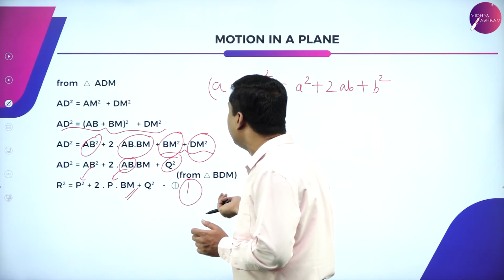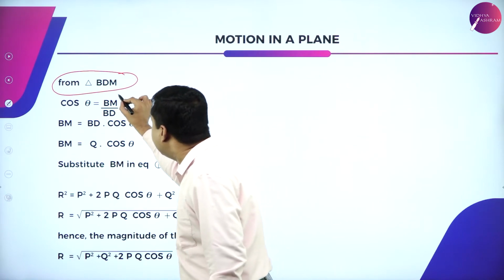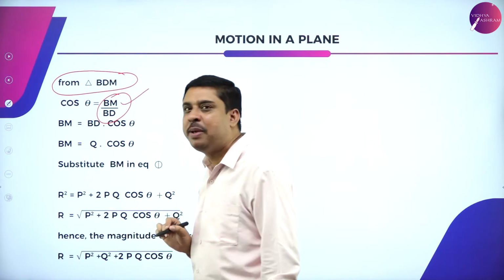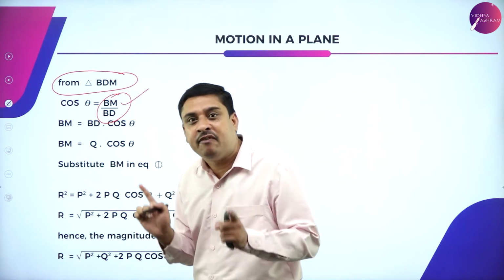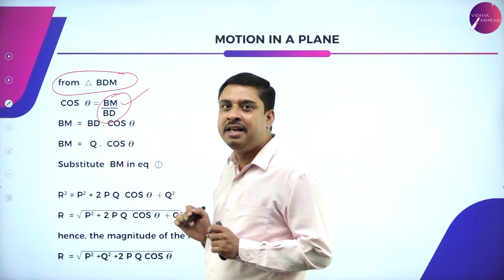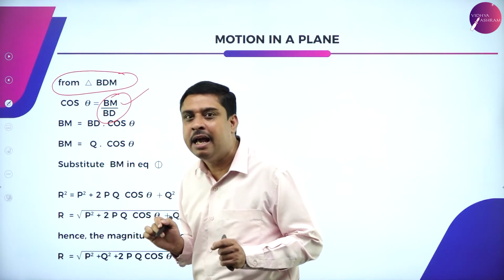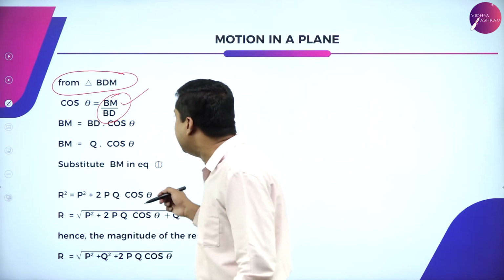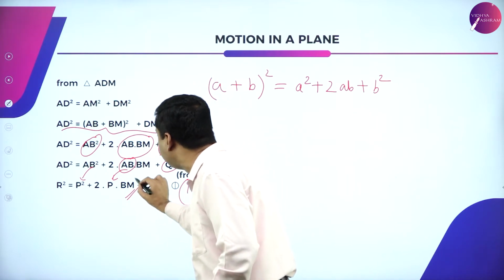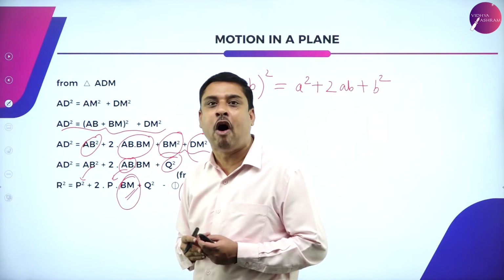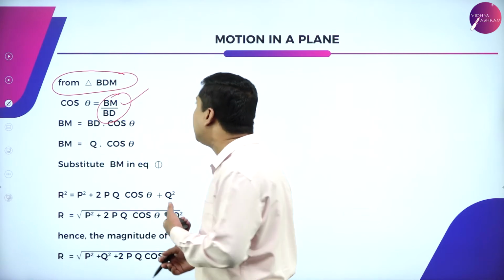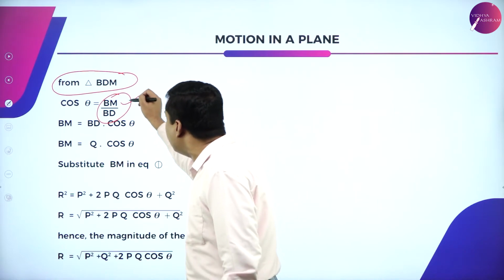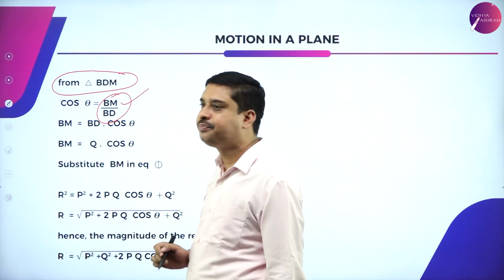So it is BM divided by BD. I want this value of BM. That is why I have defined cos. If I would have defined sine, I would have got the opposite side. So in the previous expression, this is what I am looking for, BM. Therefore, in the triangle, I have defined cos theta, which is BM by BD.